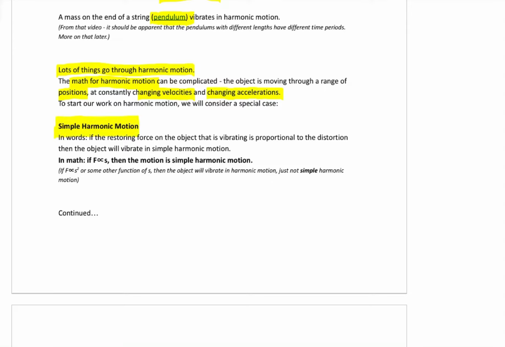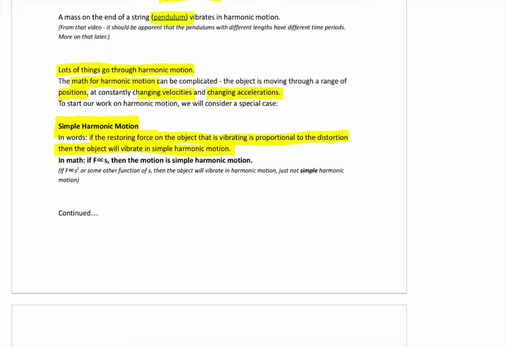The definition of simple harmonic motion is, well, any harmonic motion has to have a restoring force. If we look at the restoring force and do some math on it, or do a free body diagram and look at it, and it turns out that that force is proportional to the distortion, then we say that that harmonic motion fits, and we'll call it simple harmonic motion.